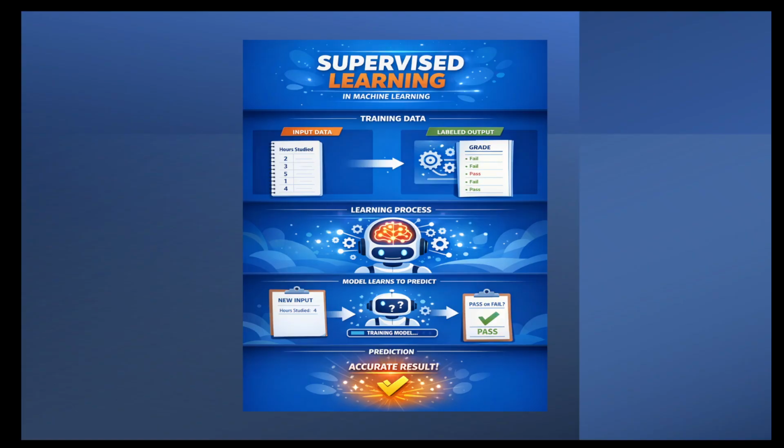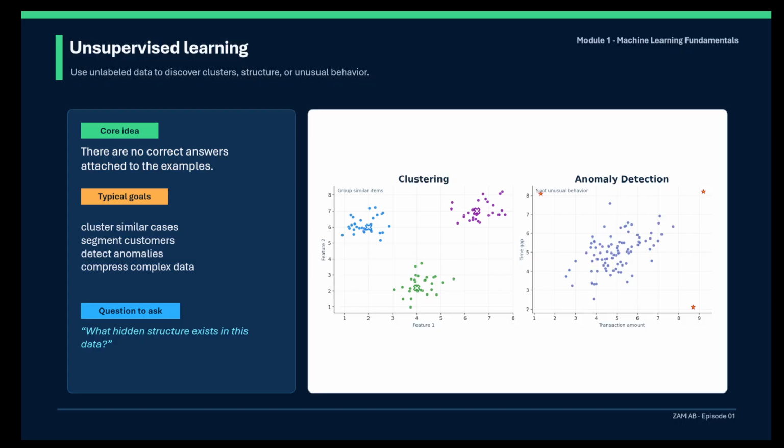And if we just see supervised learning in machine learning, it's showing the similar example of these grades, where the hours a student has studied have been inputted, and based on that number of hours studied, the machine learning model is able to predict whether a student is going to fail or pass. This is based on the data that has been fed into the machine learning model, based on which the model has been created.